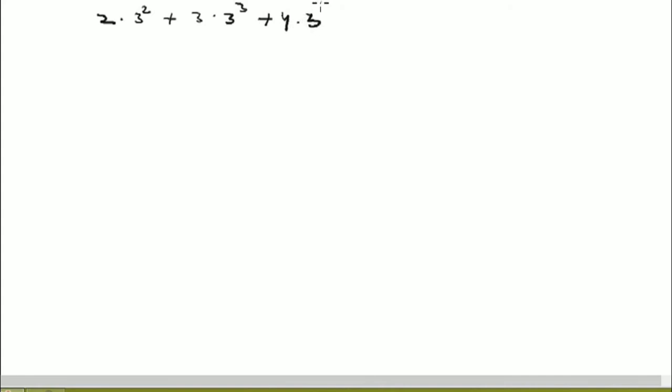We'll identify the first items, 2, 3, 4, which are in an AP. So the nth term will contain the first item as the nth term of the AP 2, 3, 4, which will be n plus 1.